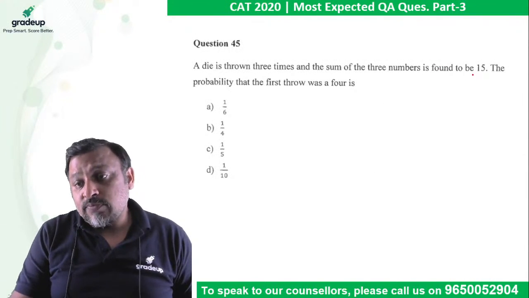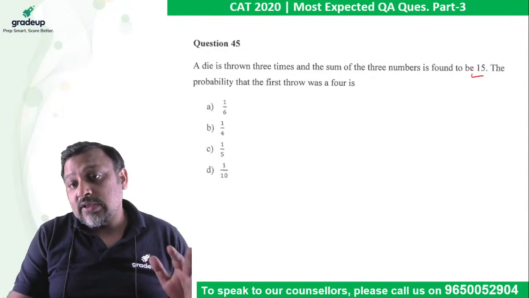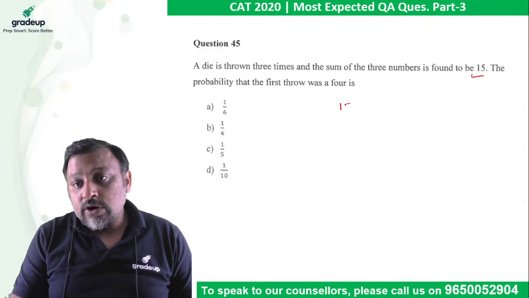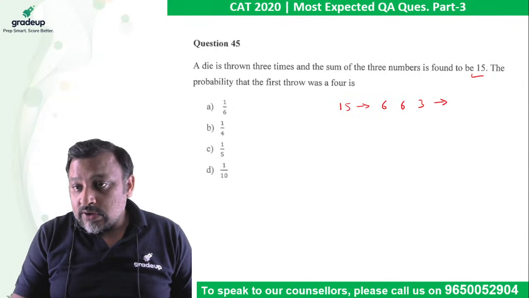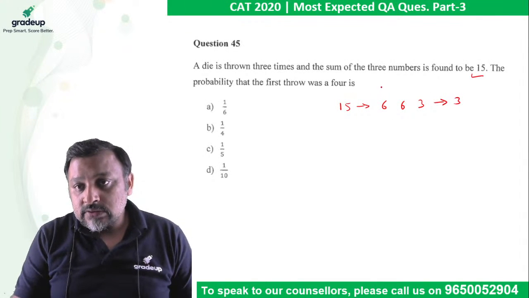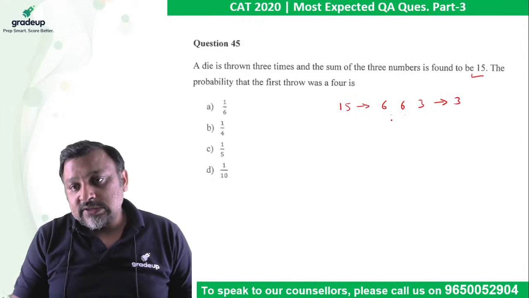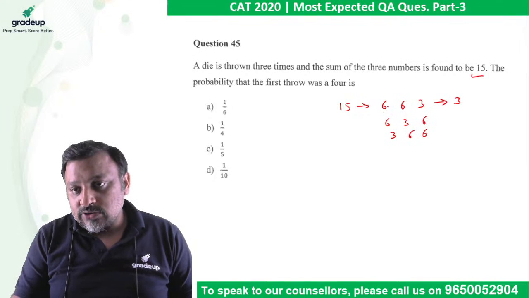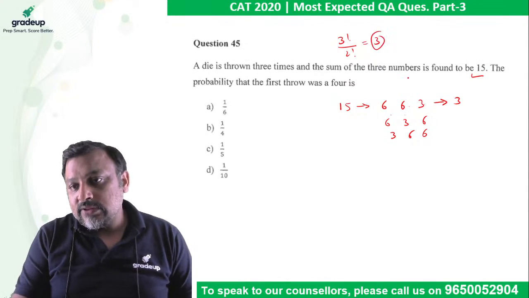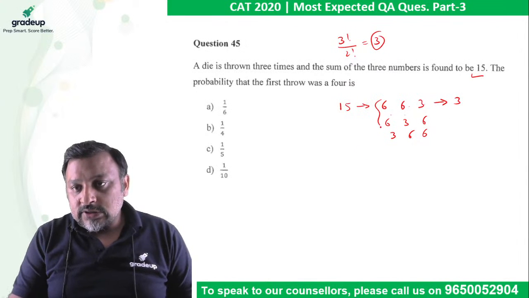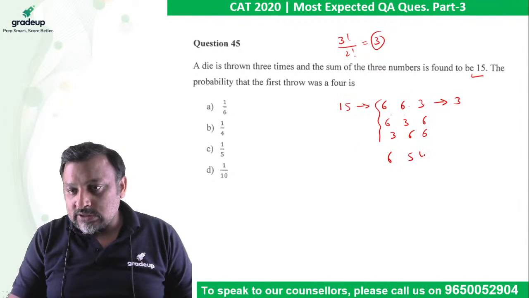See, it is a conditional probability that the outcome is 15. This is already given. So in how many ways can we get 15? There are 3 ways of this. It can be 663 or 636 or 366. That means 3 numbers are there and 2 are identical, so it can be written in 3 ways. 654 is also 15.